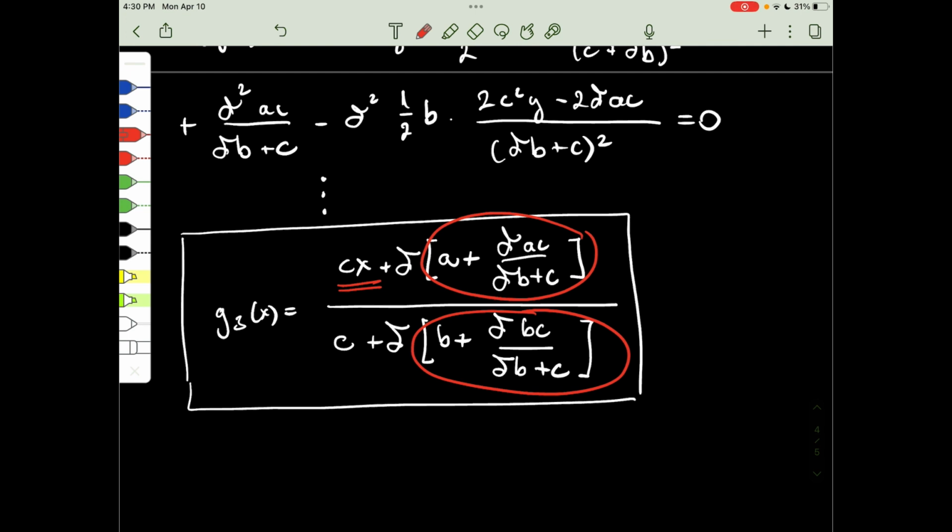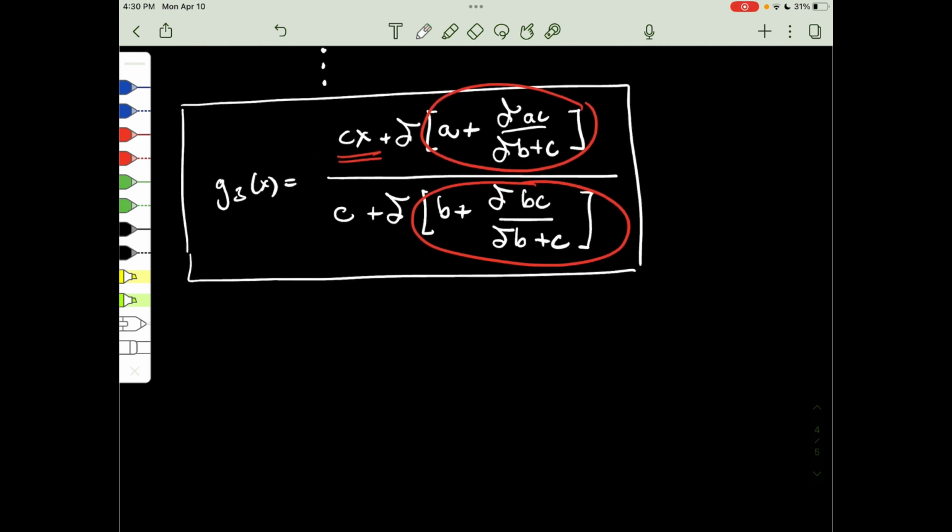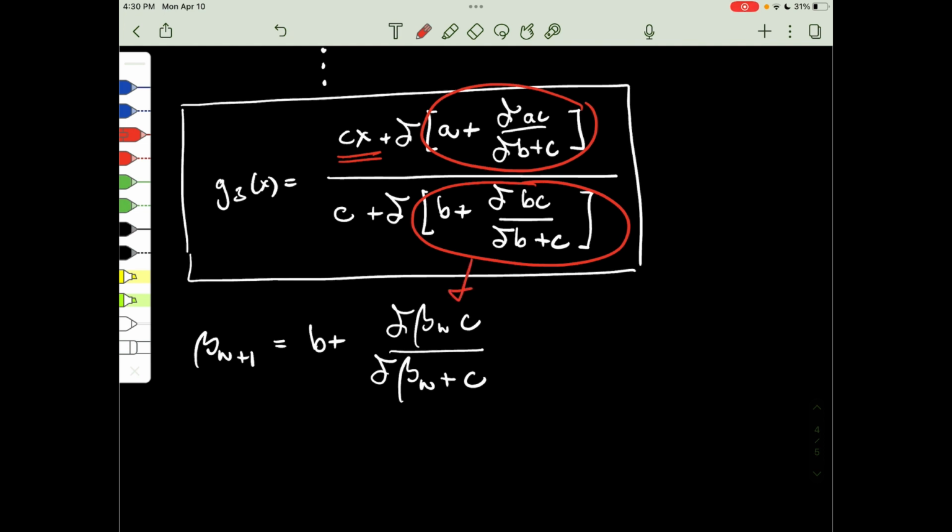And from this optimum policy function, we can have this recursive formula for beta and alpha.